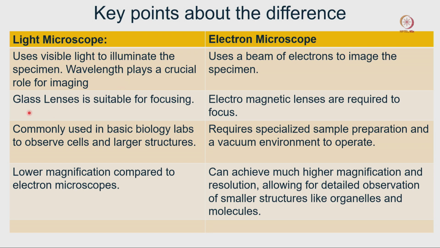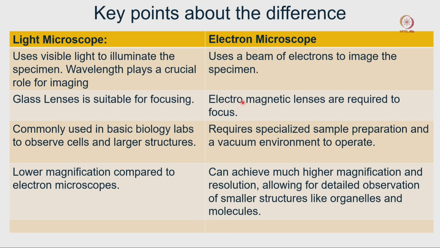I have discussed a couple of times that we majorly use glass lenses to focus the light rays. Glass lenses are very good to converge or diverge the light, and that is good enough to focus any object properly and get the image.